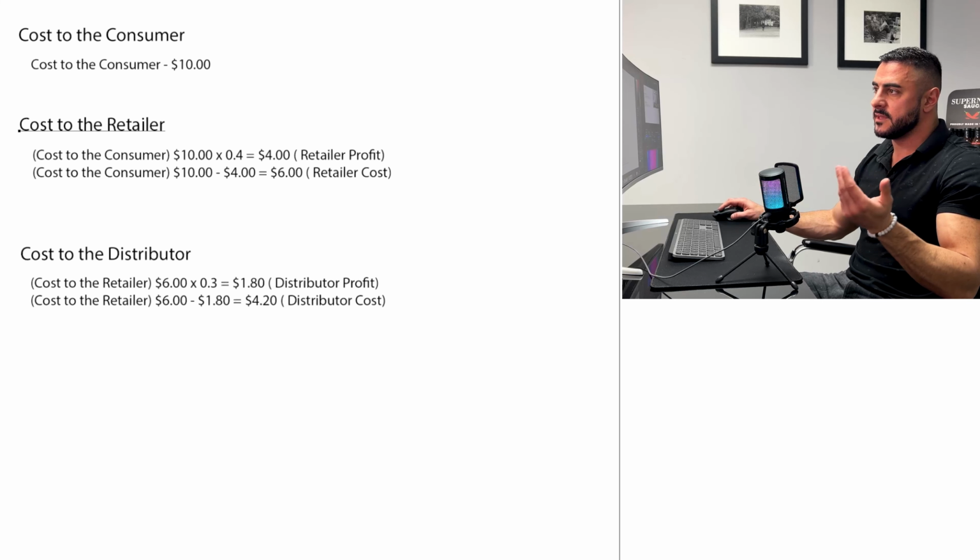Now, how do we calculate our cost of production? Our cost of production is basically what it is going to cost us in order for us to produce our product.